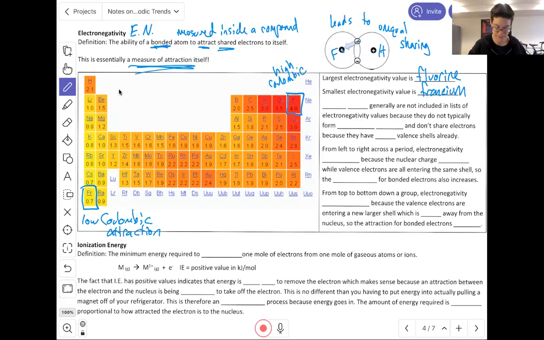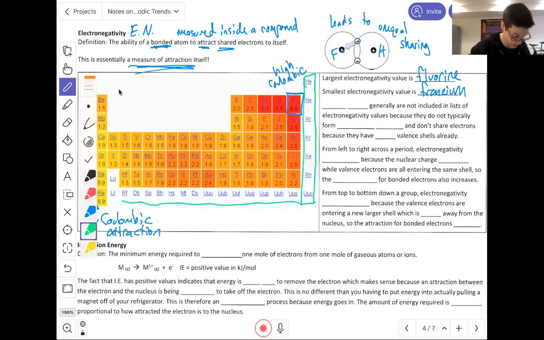All right, so with all that being said, the interesting thing to note is we have these elements that do not have any values listed, as well as all of these radioactive guys at the bottom, because we don't really care about them.